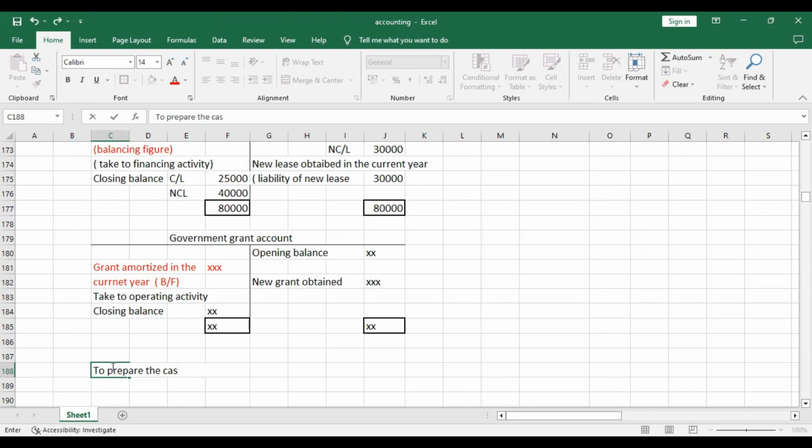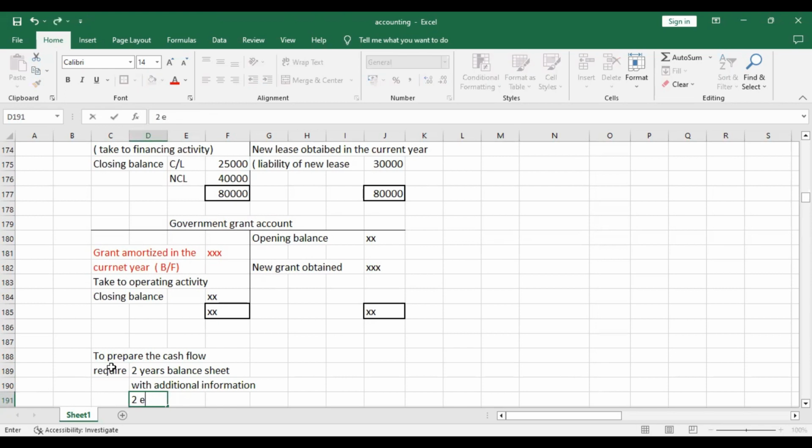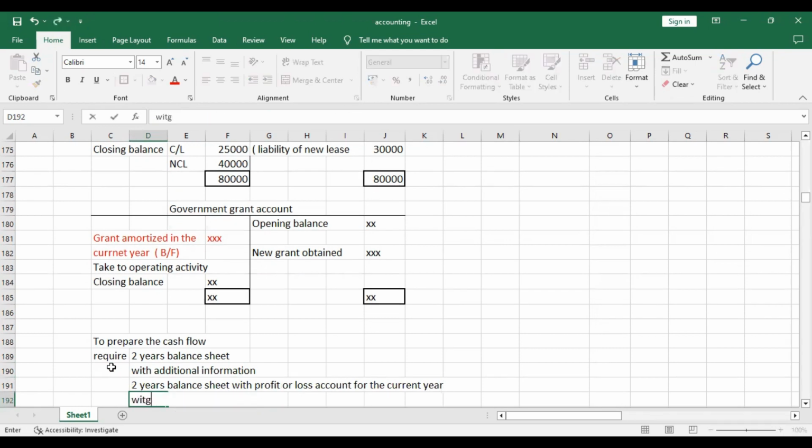To prepare the cash flow you require, number one, two years' balance sheet with additional information, or two years' balance sheet with the profit or loss account for the current year with additional information.